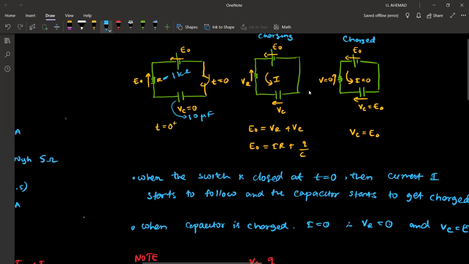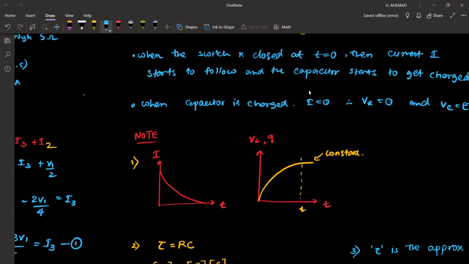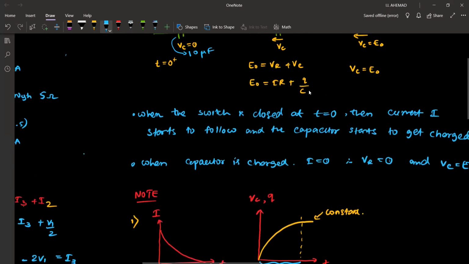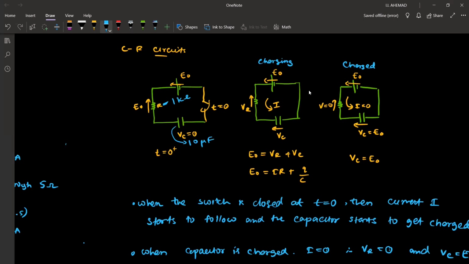Then in this graph, from here to here, we have this charging time. We can get an idea about the charging time by multiplying these two. This is kilo, this is micro. By simplifying, we will get 10 millisecond.